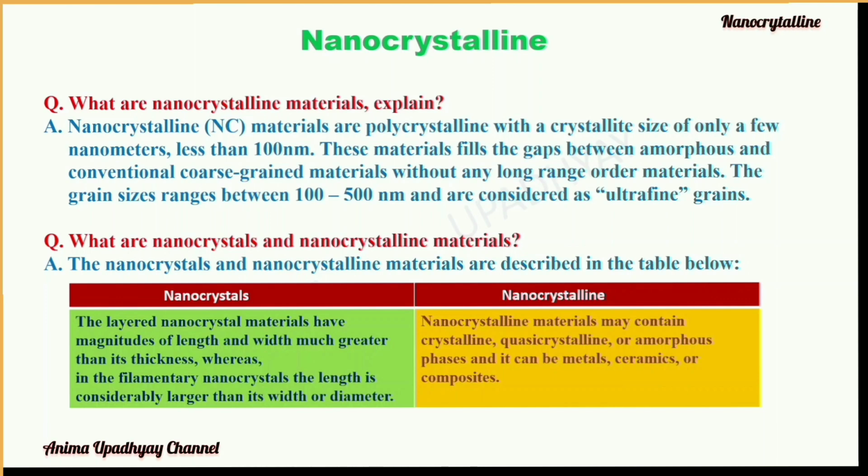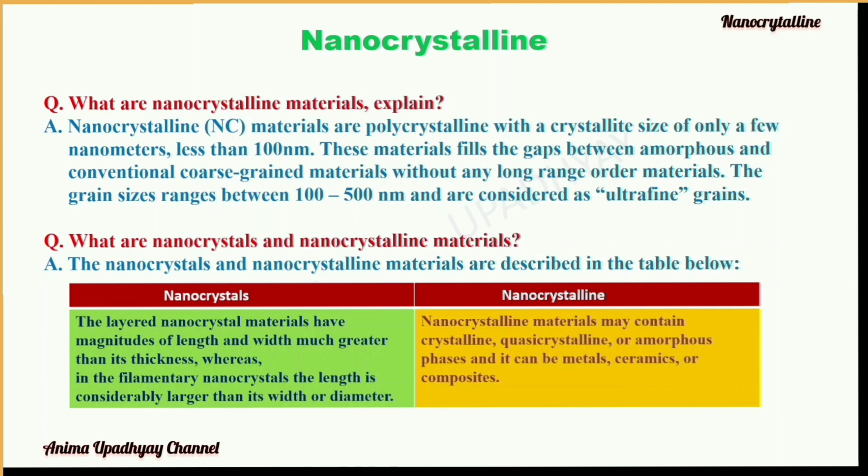These materials fill the gaps between amorphous materials without any long-range order and conventional coarse-grained materials. The grain sizes range between 100 to 500 nanometers and are considered ultra-fine grains.